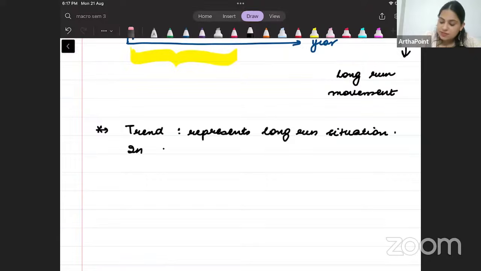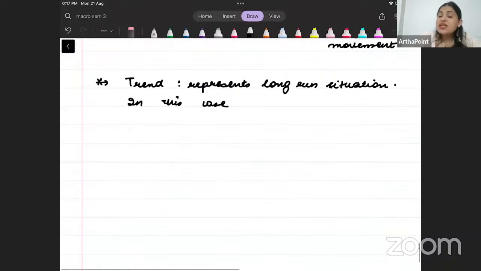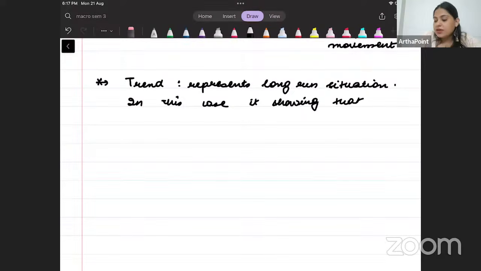In this case, so if you go to the data point, I am just telling you about one here, this data point, it is 1980. So in this case, it is showing that till 1980, unemployment rate was increasing.